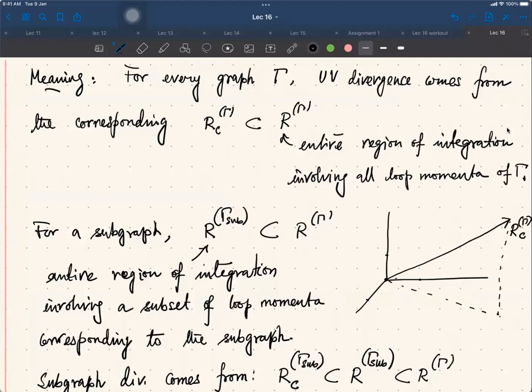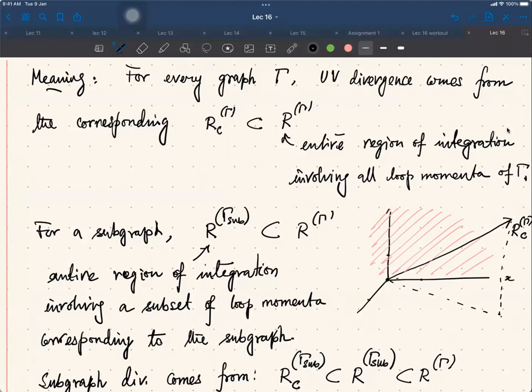On the other hand, if you have a subgraph which involves only a subset of momenta, which is this two-dimensional plane, then calling the axes L1, L2, L3, L1 and L2 span a two-dimensional subspace.